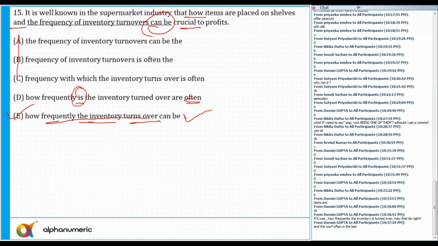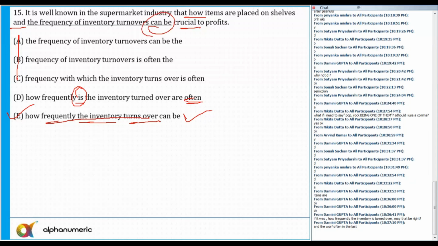It can be crucial. When I say they are often crucial, that means there is less possibility, and can be crucial means there is more possibility. That is another problem with the word often; it is also the wrong word here.